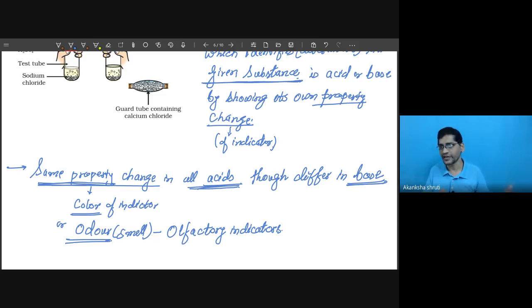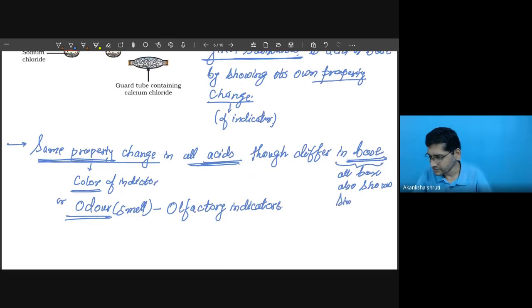Acid is one category, so the property change in all acids will be the same, though it differs in bases. If there is any doubt, all bases also show the same, similar property change.